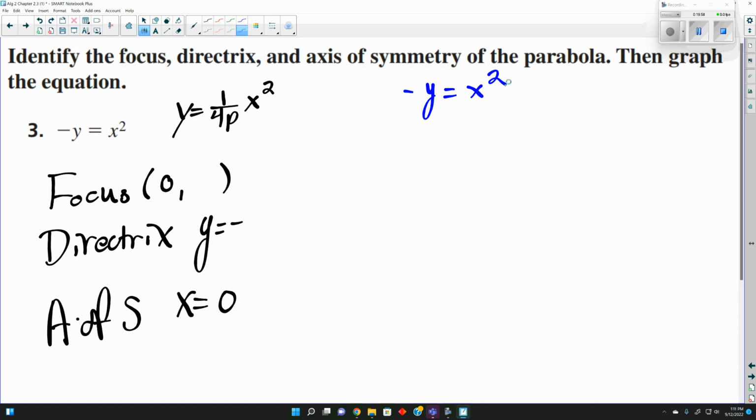Are these two equations in the same form? Is it the same as our general equation? No. What's different? Divided by -1, because we need the y to be positive. Really, we have y is equal to negative x squared. We could also multiply it by -1. Either one works.